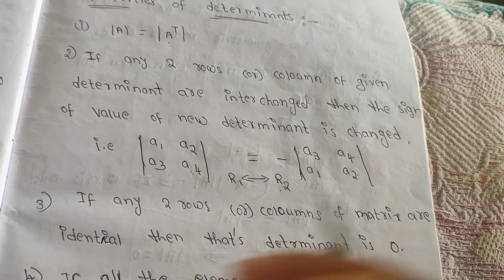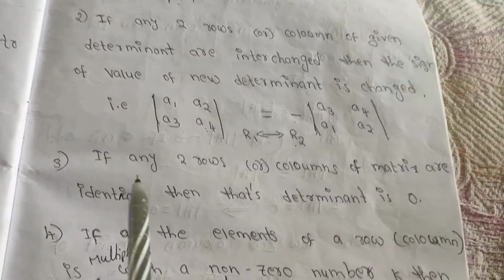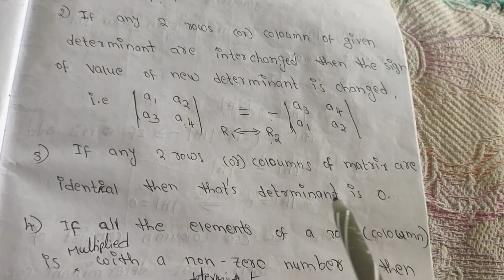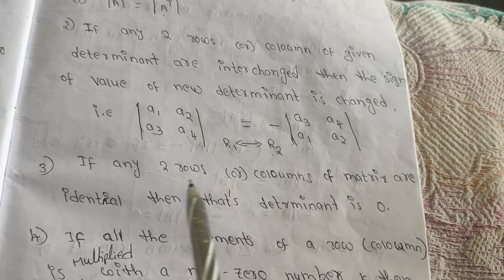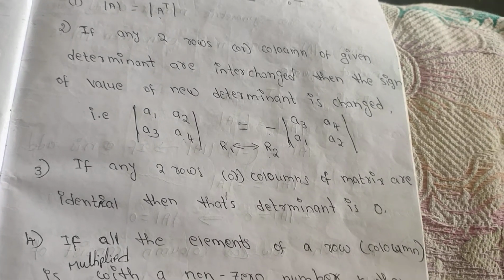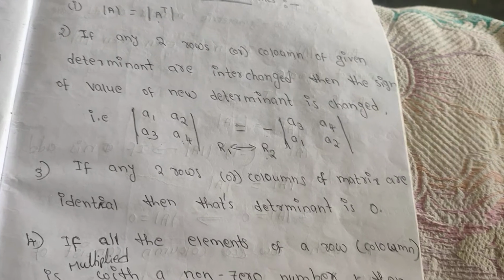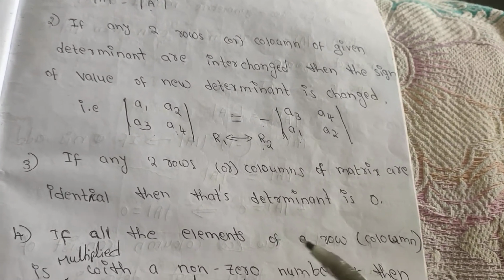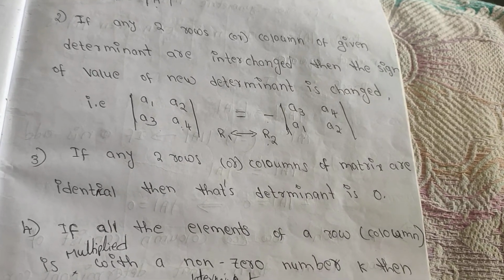Take your own example and try it, you get the same answer. If any two rows or columns of a matrix are identical, then that determinant is 0. That means any two rows or columns whose corresponding entries are the same, that means you can say identical. Identical means same.